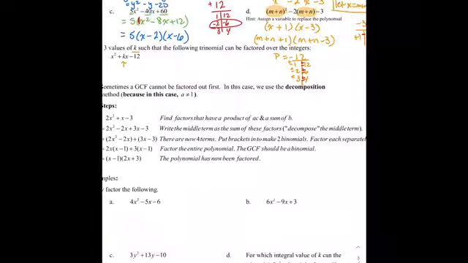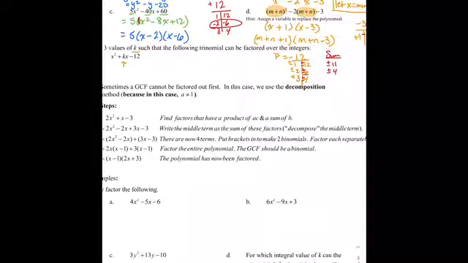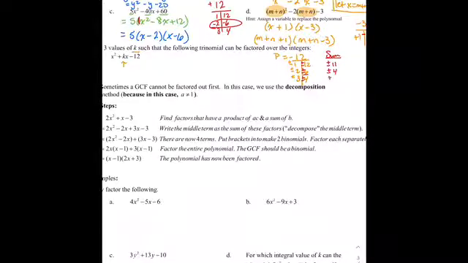If this was a positive 1 and a negative 12, our sum would be either positive or negative 11, right? Positive 1 and negative 12 would be negative 11, negative 1 and positive 12 would be positive 11. Again, here we would get positive or negative 4, right? Positive 2 minus 6 would give me negative 4, negative 2 plus 6 would give me positive 4. And then the difference here, plus or minus 1.